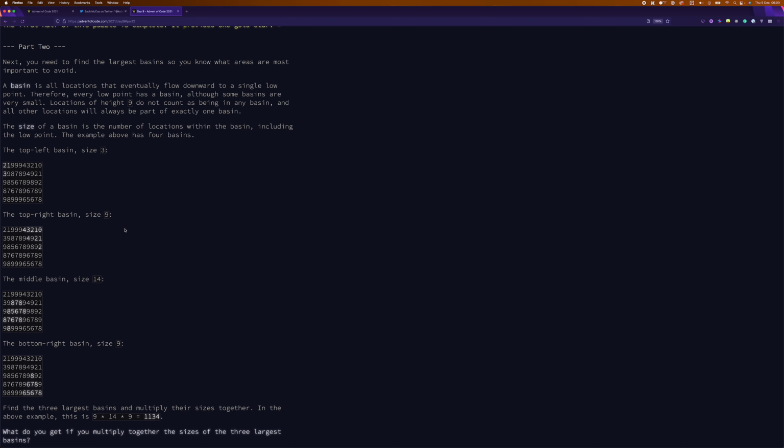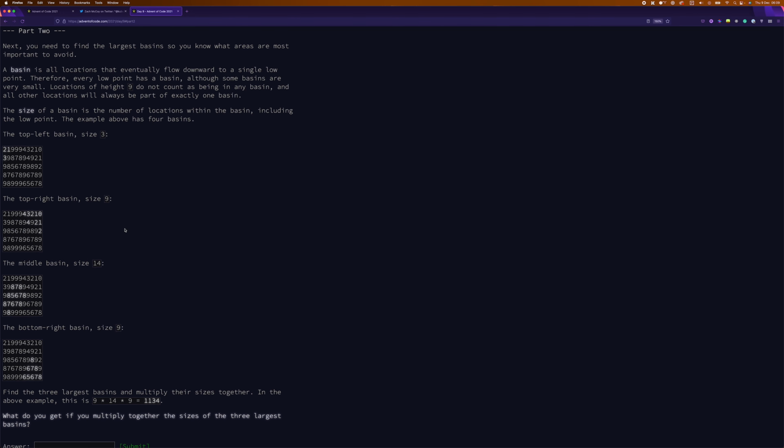So all the water in the basin would flow to the low point by the horizontal and vertical lines. The diagonals were still not included. And the expected result was basically the product of the sizes of the largest 3 basins. Largest by the amount of unique positions within them.